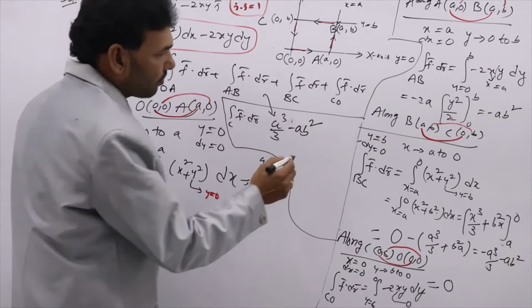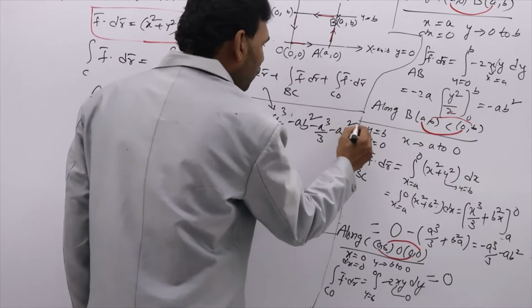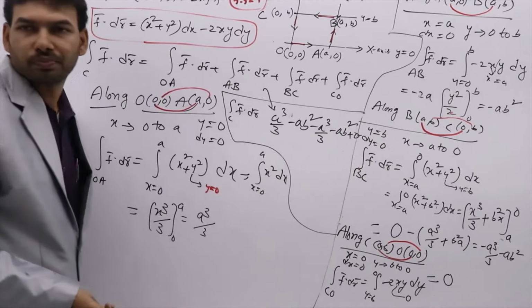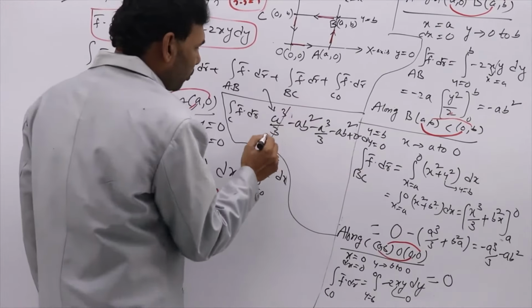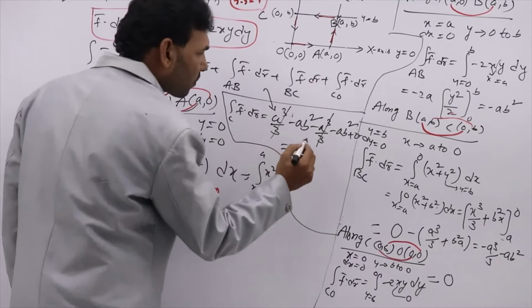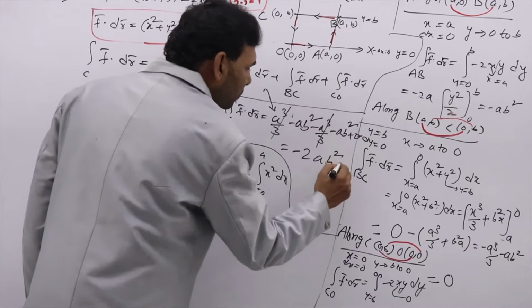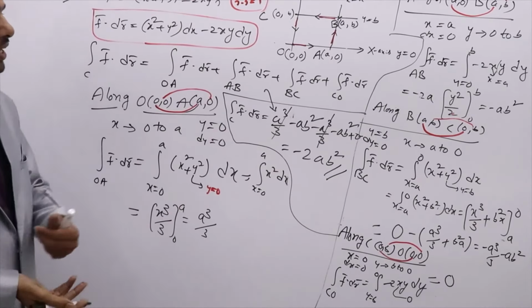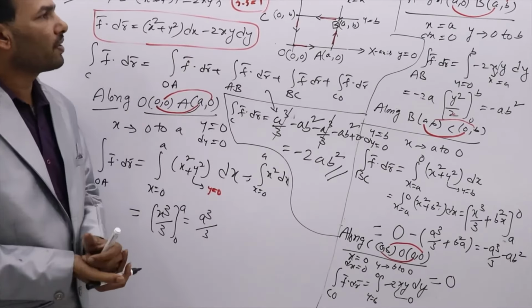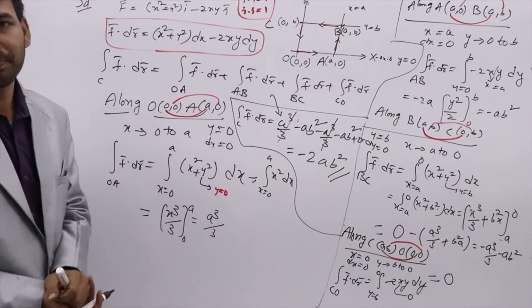Along BC, minus a cube by 3 minus ab square. Now plus a cube by 3 minus a cube by 3 get cancelled. Minus ab square minus ab square gives minus 2ab square. So like this one can easily evaluate whenever the region of integration is given as a rectangle.